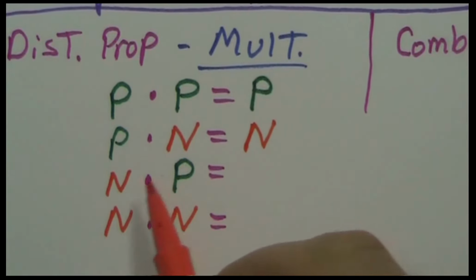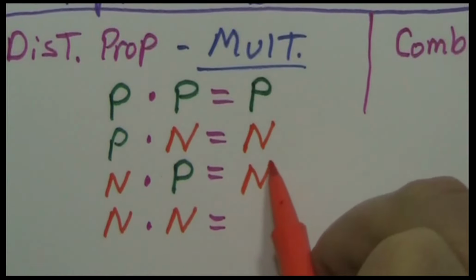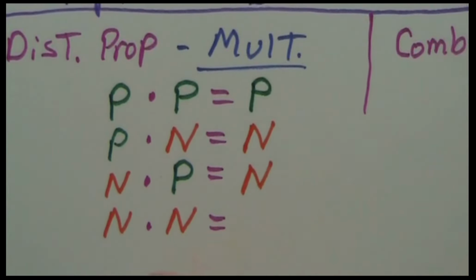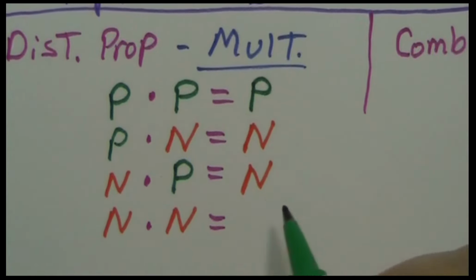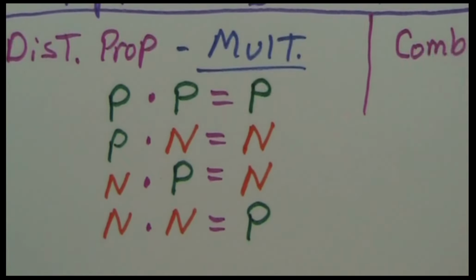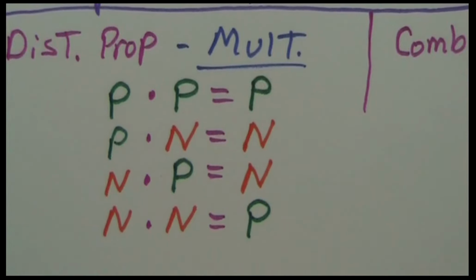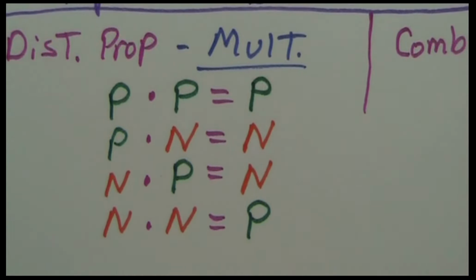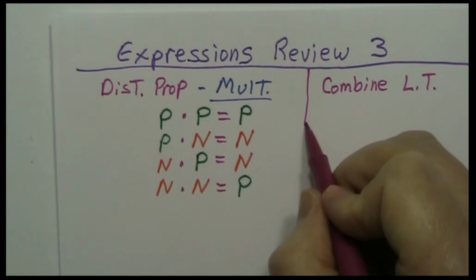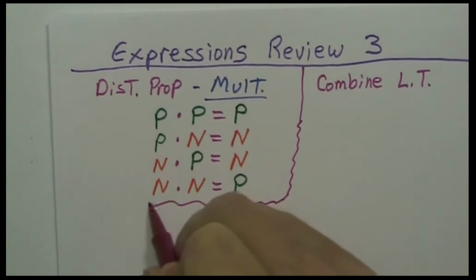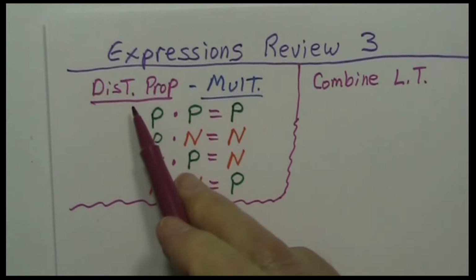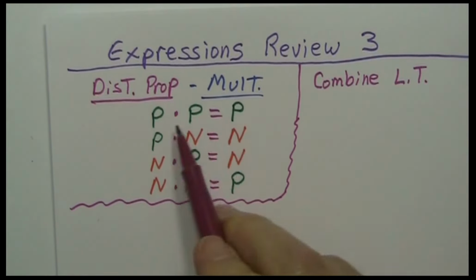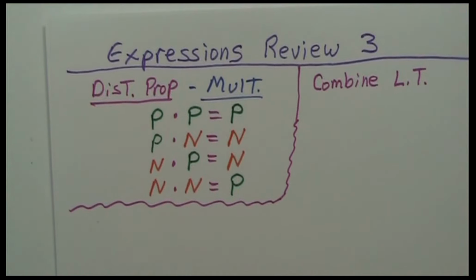However, when you're multiplying two negative numbers together, it's going to be positive. So when doing distributive property, think of multiplying, and these are the rules for multiplying integers.